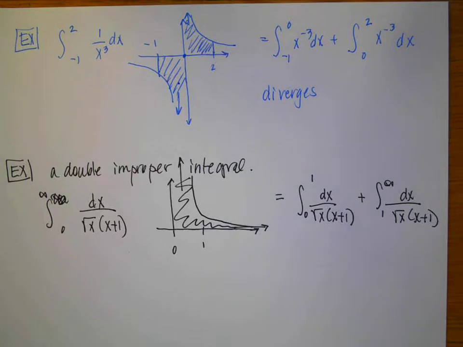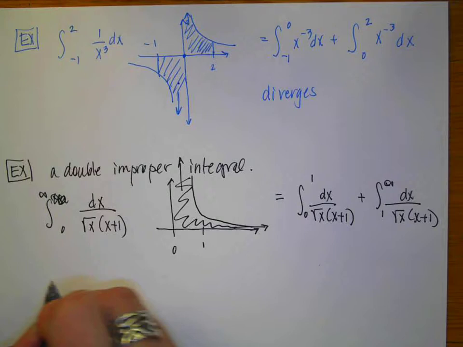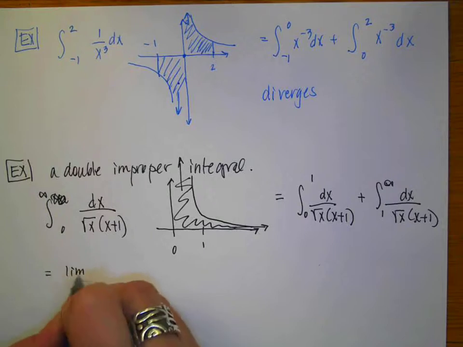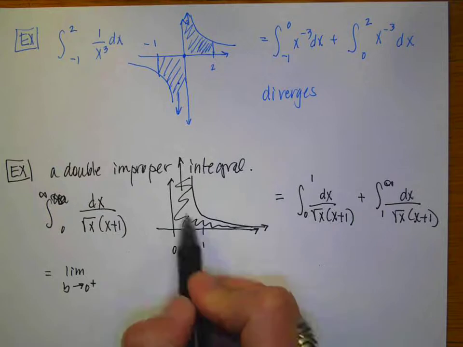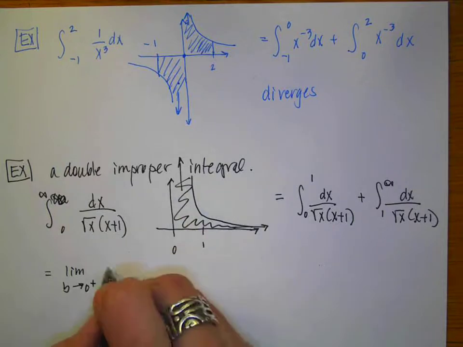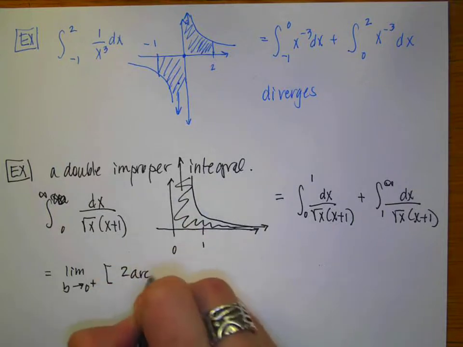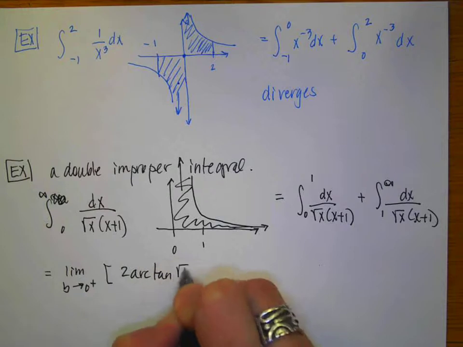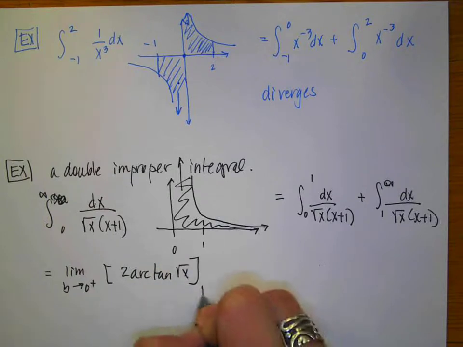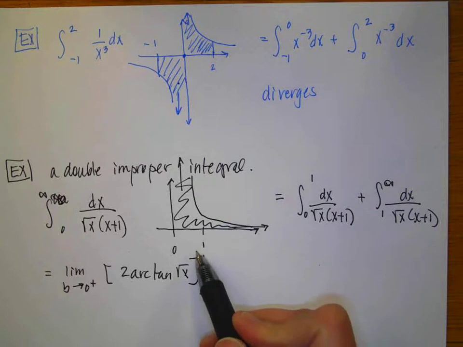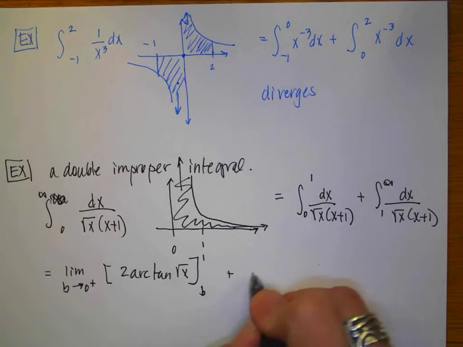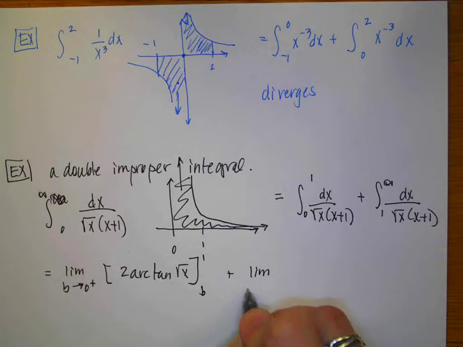Okay? This one is going to become an arctangent. And again, I'm not going to walk you through the integration, because getting and managing our improper integral is more of the important part. So I'm going to write the limit as b approaches 0 from the right, which is coming in this way. And then it's going to be 2 arctangent of the square root of x, and I'm going to evaluate from b to 1.